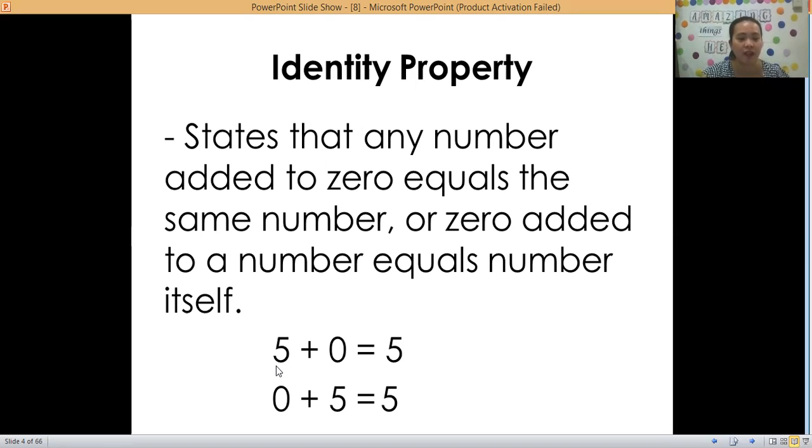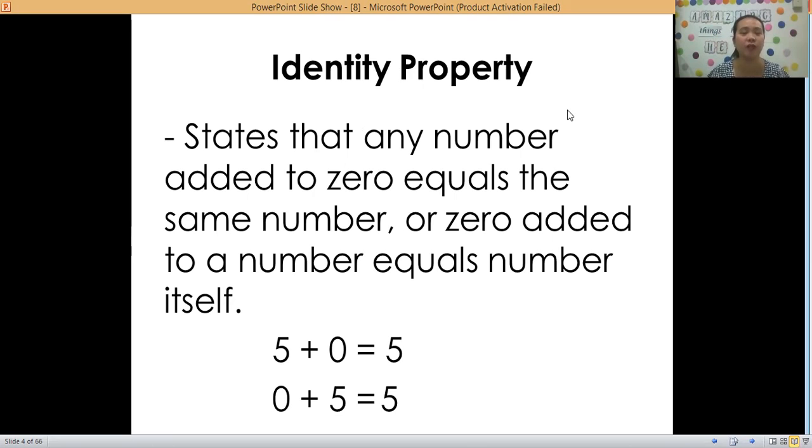So like this one, 5 plus 0 equals 5, or 0 plus 5 equals 5. So this is the identity property of addition. So we have three: the commutative property, the associative property, and the identity property or the zero property of addition.